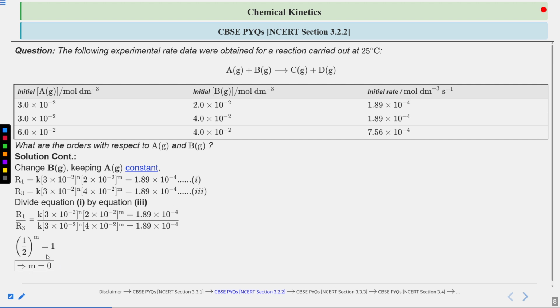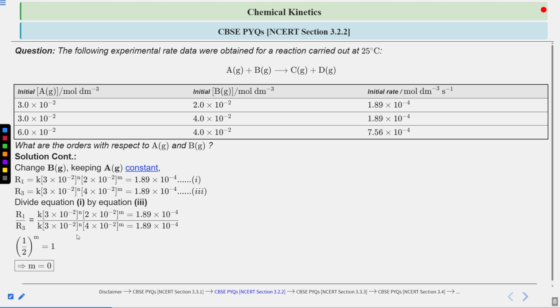The m is coming out as 0, because if you write this equation as (1 by 2) to the power m is equal to 1, you can also write it as 1 to the power m is equal to 2 to the power m, as the 2 to the power m goes to the right hand side in multiplication. Now whatever you put in the power of 2, it must become equal to 1.